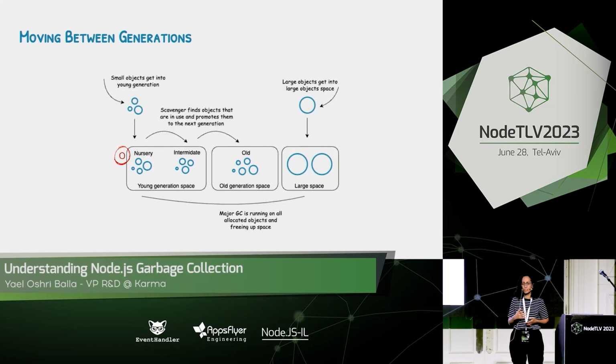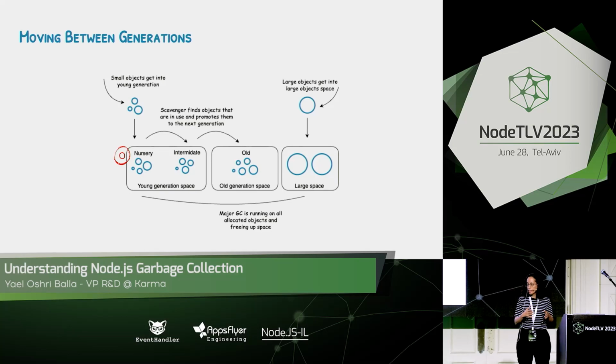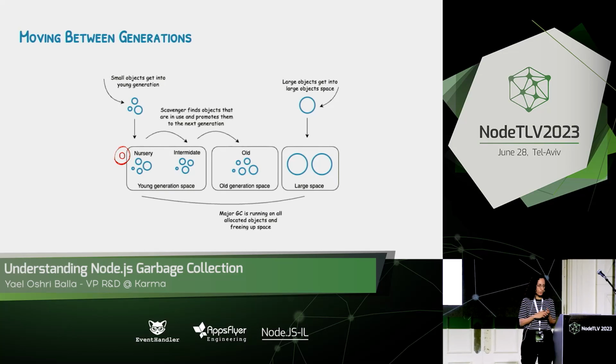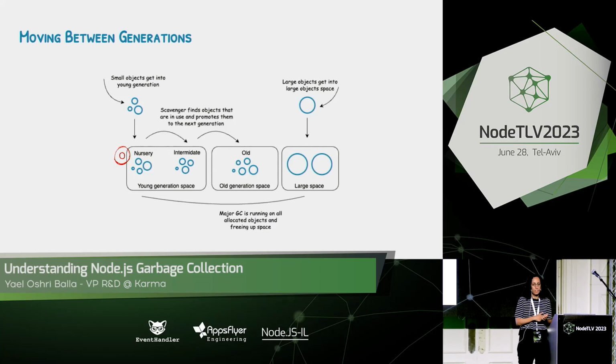How do we move between generations? Every time we have a new object allocated, it is added into the young generation, something that's called the nursery. V8 keeps on each object the number of GC cycles this object survived. At the beginning, the count is 0 because this object was just generated. After the first scavenger run, the counter is increased.